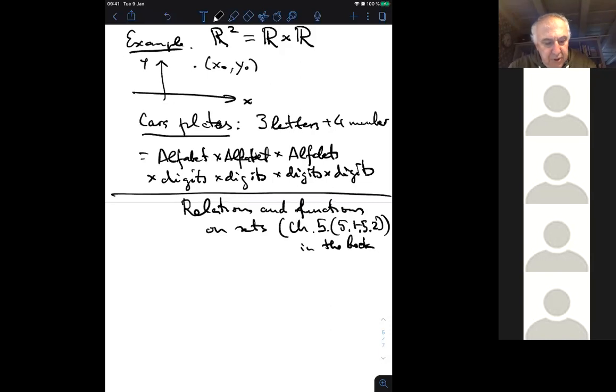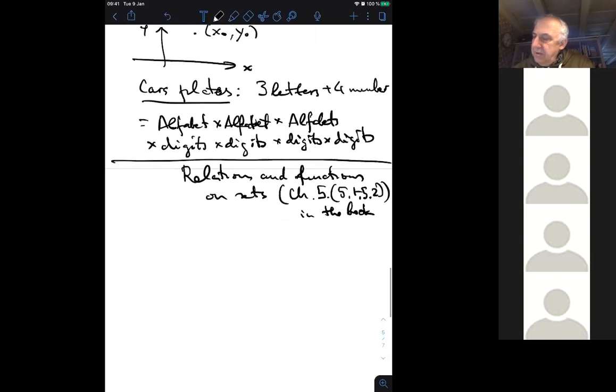So how do we think about relations? Functions would be a special type of relation. In general, a relation in mathematics is a notion that may take a little while to get used to, but it turns out to be very useful.